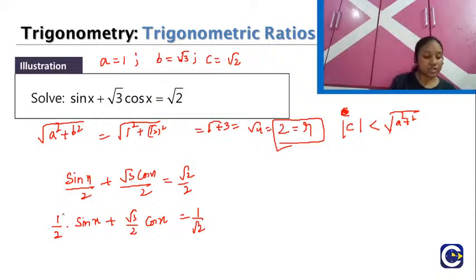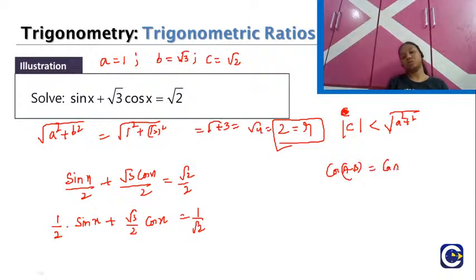Here I can write this 1 by 2 and root 3 by 2 in terms of sin or cos. If I try to write this in terms of cos, what is my formula for cos of A minus B? That is equal to cos A cos B plus sin A sin B. So I can follow this.